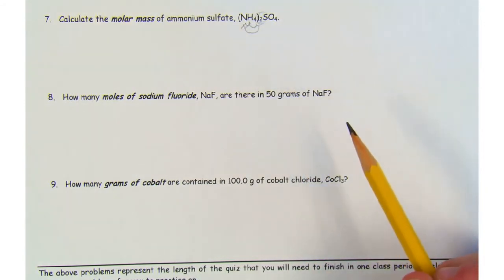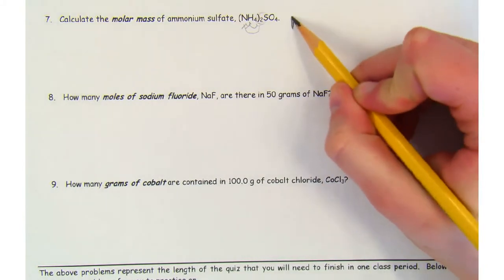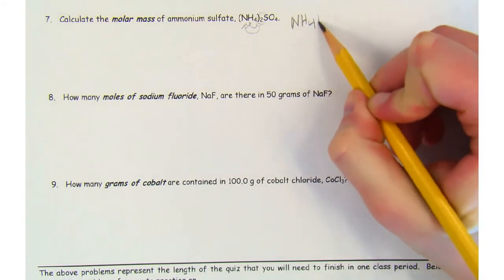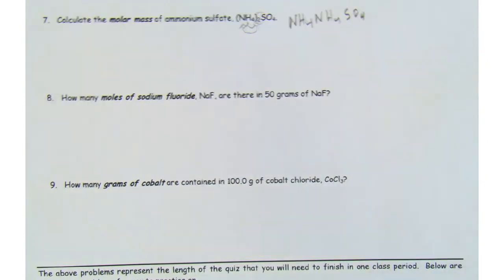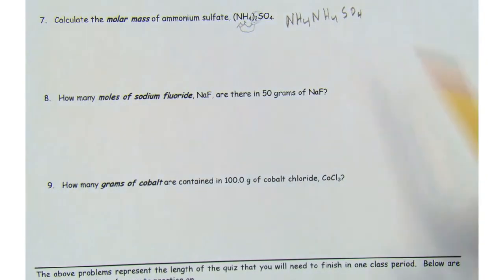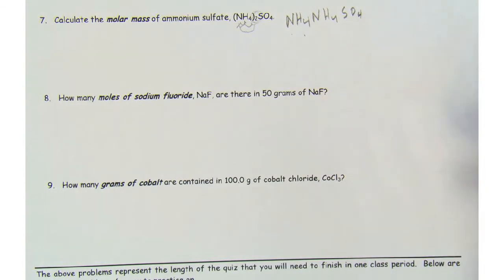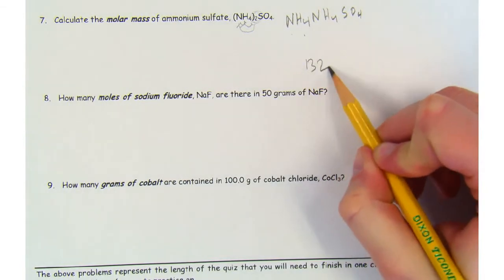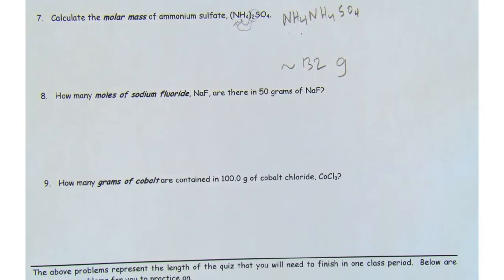Applies to both the N and the H. Another way to write this would be to write it out. So you would go on the periodic table, look up nitrogen, hydrogen, sulfur, oxygen, add them all up, and you'll get your answer. It should be about 132 grams. So when you do that, you should get about 132 grams, but you should do it on your own to make sure you're doing it correctly.